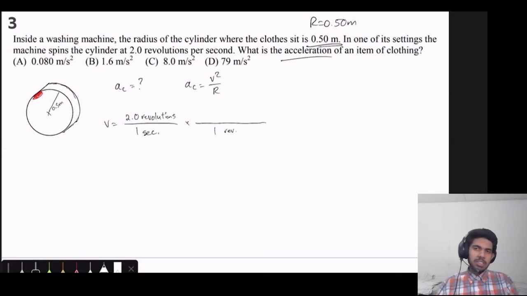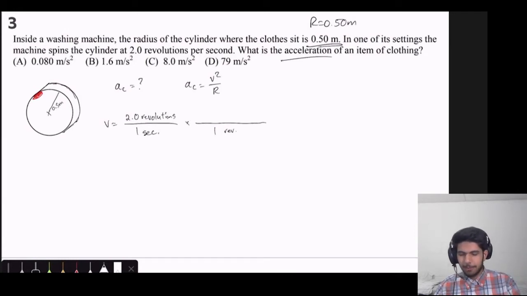Well, first of all, what is a revolution? A revolution, besides being the thing that America did in 1776 and before, basically means that in this case, the clothes go through the circle once.